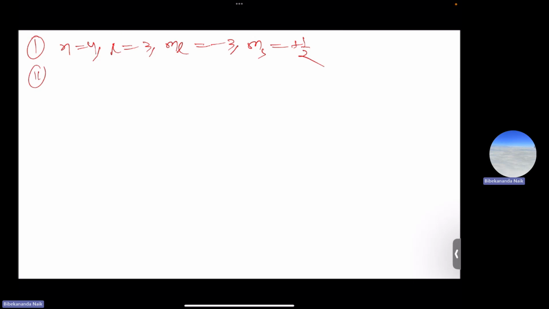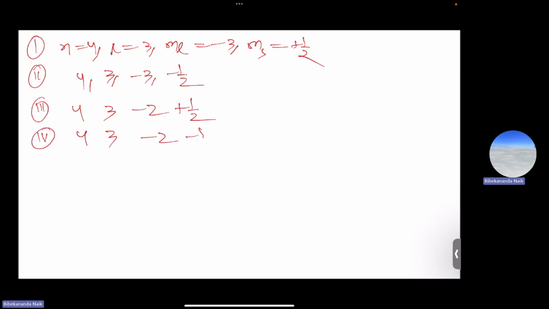Then second, 4, 3, minus 3, minus half. Third, 4, 3, minus 2, plus half. Fourth, 4, 3, minus 2, minus half. Fifth, 4, 3, minus 1, plus half. Sixth, 4, 3, minus 1, minus half.